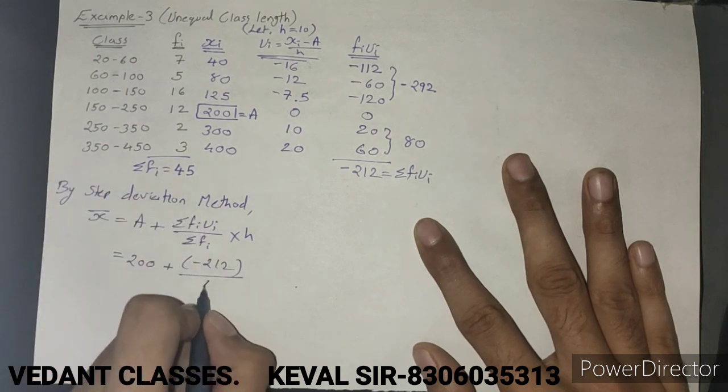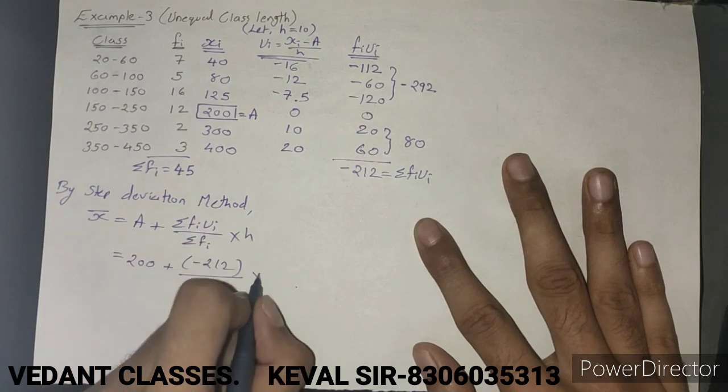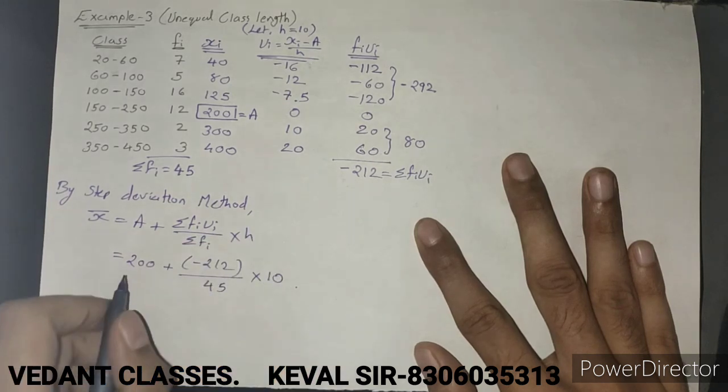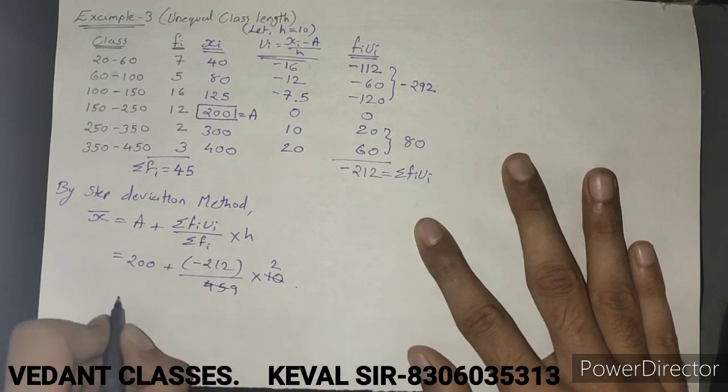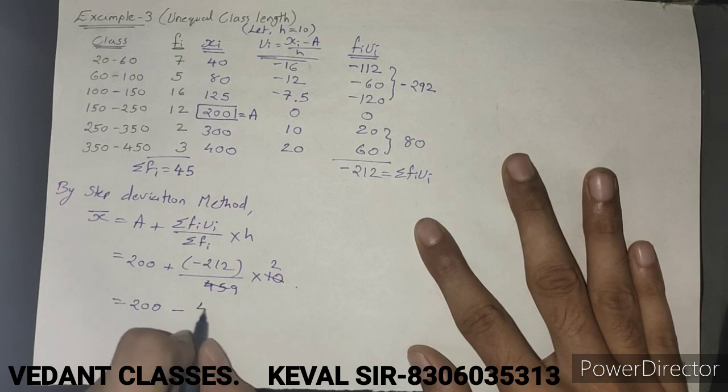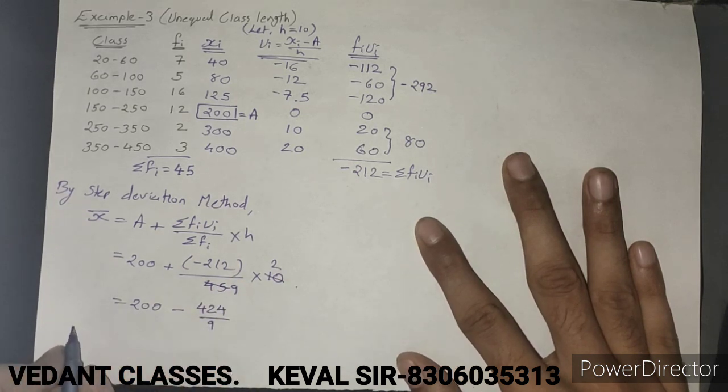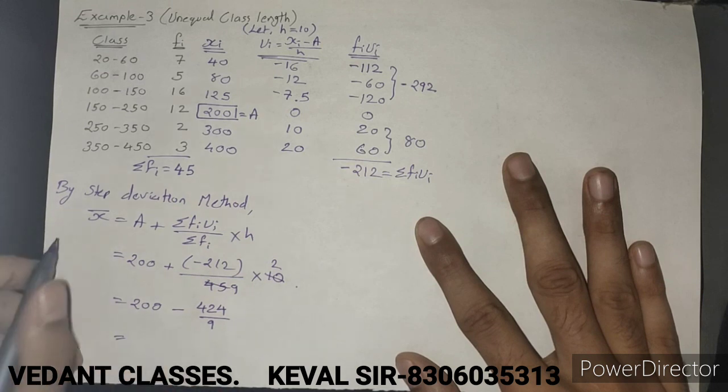The value of sigma fi is 45, and the value of h we have taken 10. Okay, so it's 2 and it's 9. So it will be 200 minus 424 divided by 9. Okay, so let's divide 424 by 9.